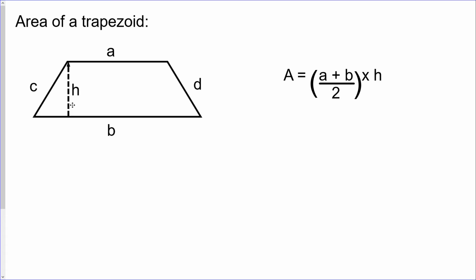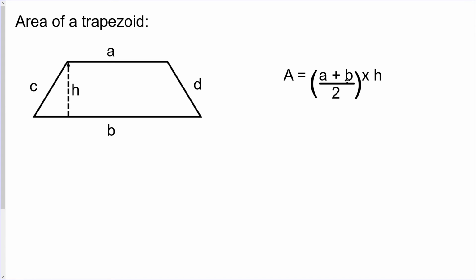Triangle, same base and height, okay? But A is typically the top and B is the bottom, okay? At least as far as the base is concerned. So the B is the base and A is the other side. The C and D, the other 2 sides, don't actually matter at all for area, not even a tiny bit. Again, we would need to know them for perimeter, but we're not finding perimeter in this video.